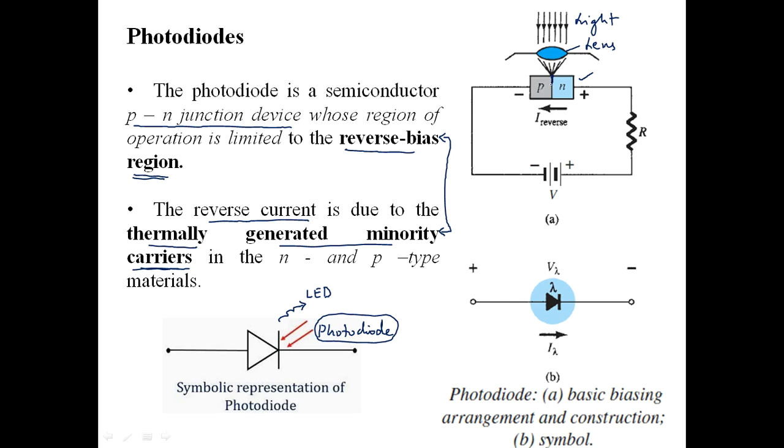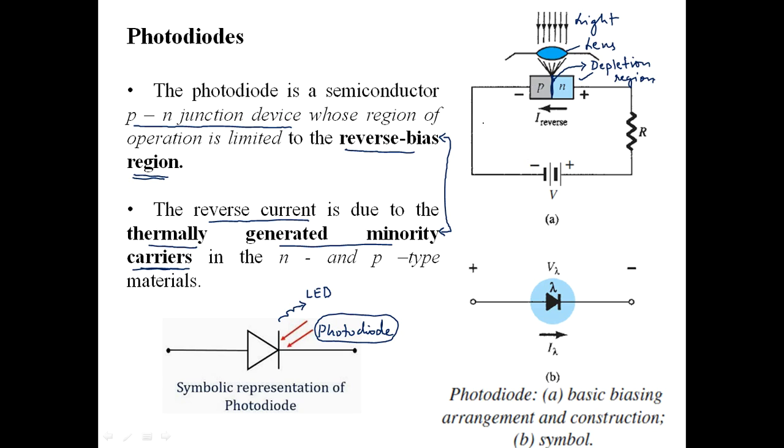So what do we have here again? The light is focused so that it primarily falls within the depletion region. That's an important point. Another point to be focused on is the biasing that is being done here.